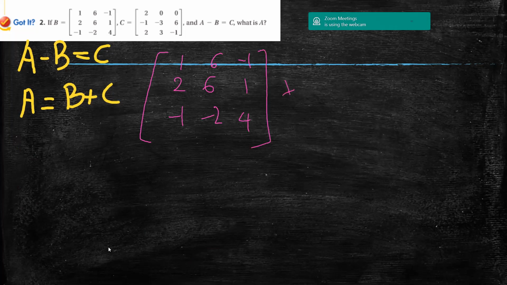This is B plus C, which is 2, 0, 0, -1, -3, 6, 2, 3, -1. Let's now add them.